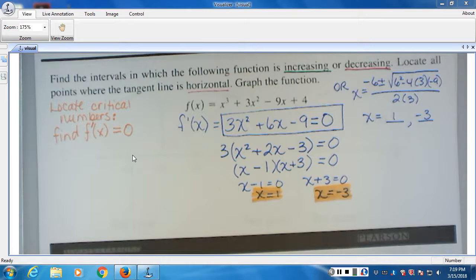Secondarily, it's also going to be where the value of the derivative is undefined. But this function, we didn't have to worry about that because it's always going to be defined because it's a polynomial function. There's no division by 0 and there's no square roots. So what we do with those 2 critical numbers is we put them on a number line.